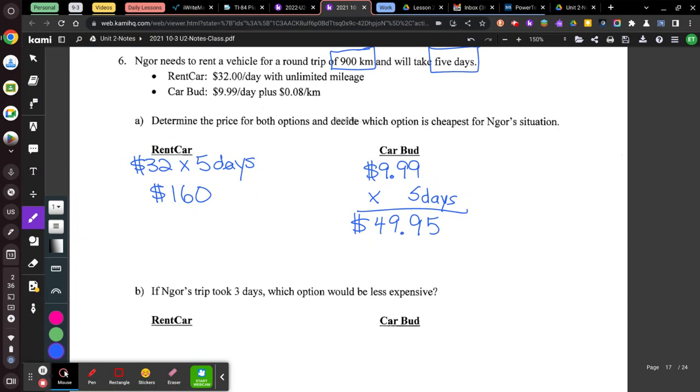Plus, we have to pay for kilometers. So our kilometers is 0.08 cents, so 8 cents a kilometer. And he traveled 900 kilometers.